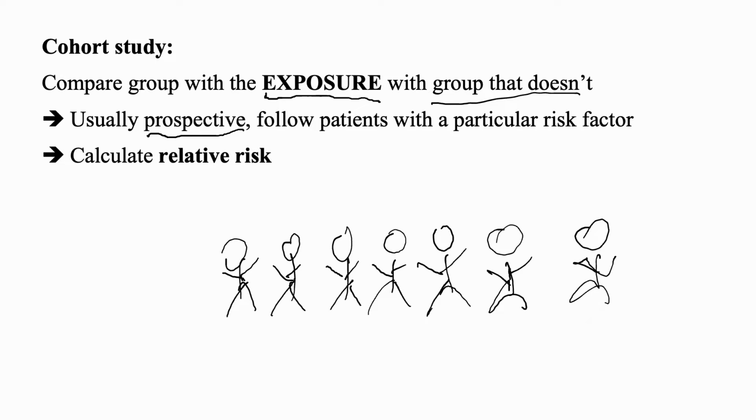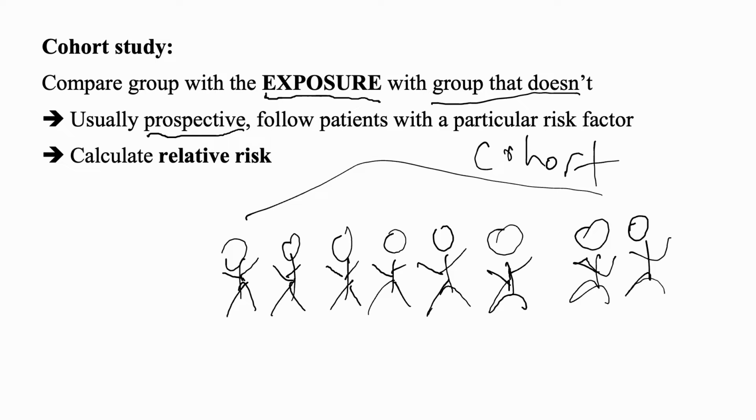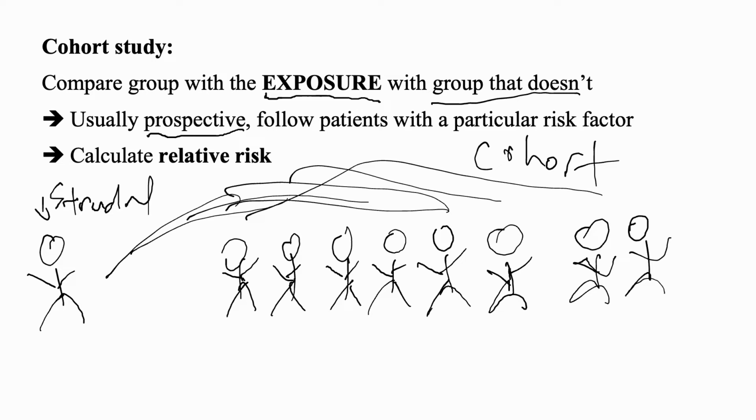How many are we at? 7? We'll draw 8 stick figures. So this was our cohort. And then I spray them all with some kind of exposure, pesticide or something. And then you'll look at how many end up developing some kind of adverse effect or complication.